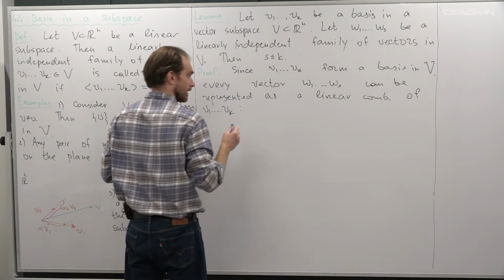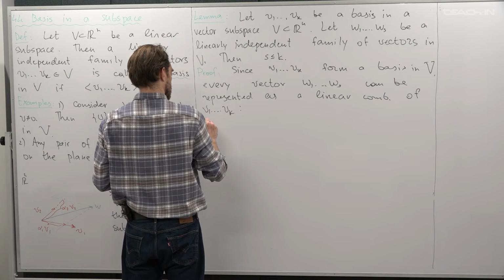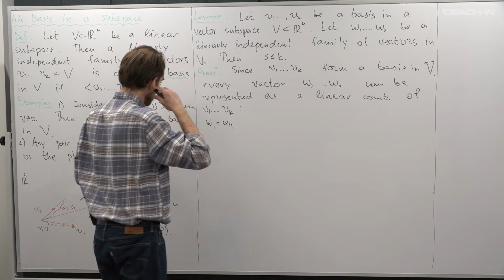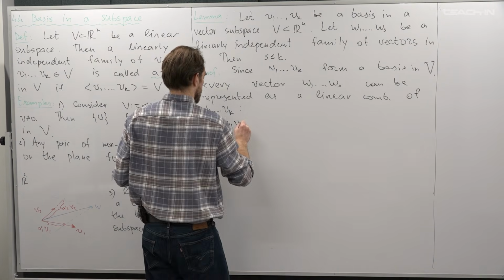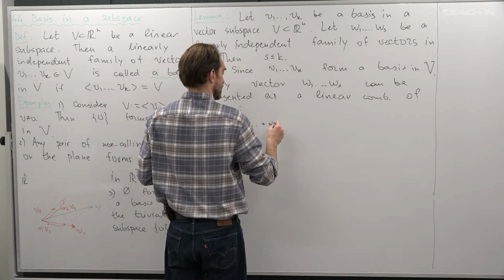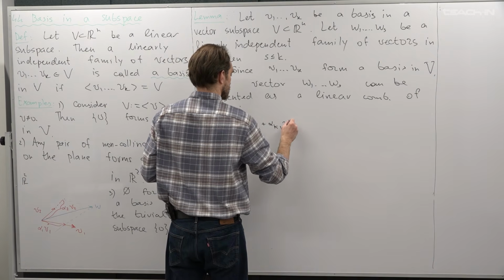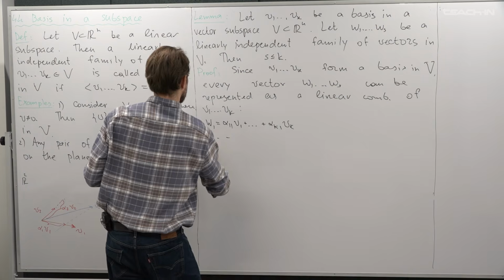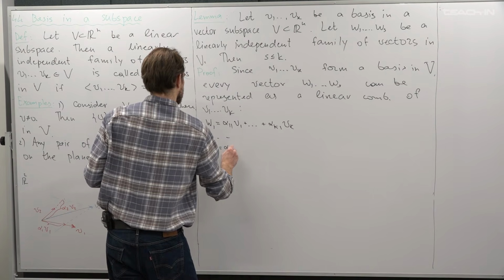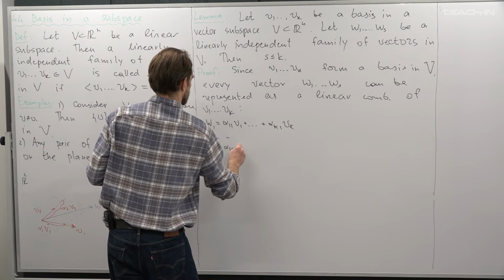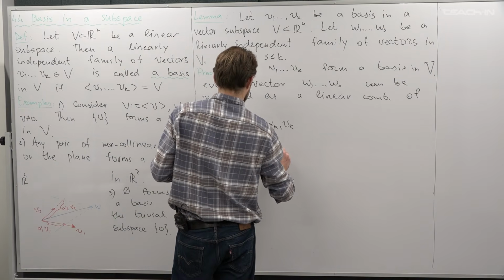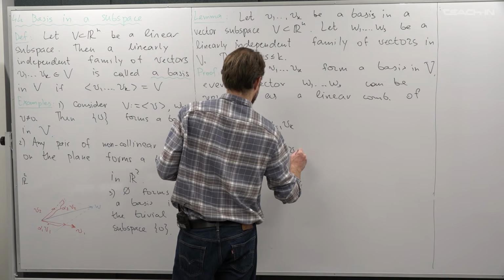That there exist coefficients alpha sub ij such that w1 equals alpha sub 1 1 times v1 plus etc. plus alpha sub k1 times vk, and so on. ws equals alpha sub 1s times v1 plus etc. plus alpha sub ks times vk.